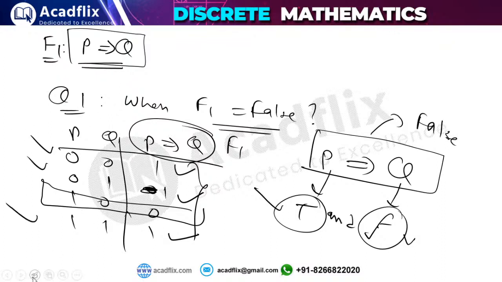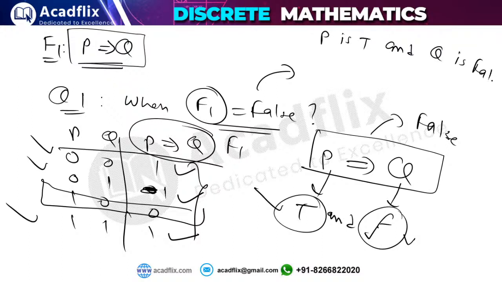So what I can say is that F1 is false when P is true and Q is false. We can write it like this: P and Q bar.